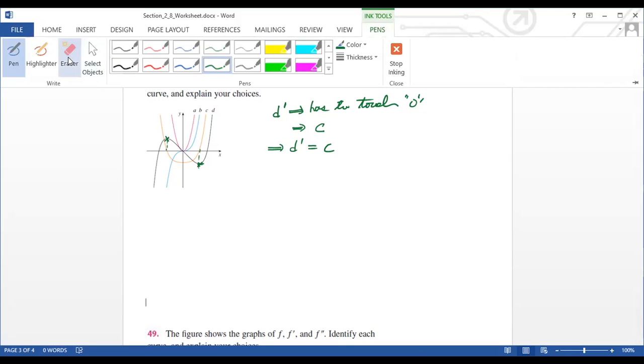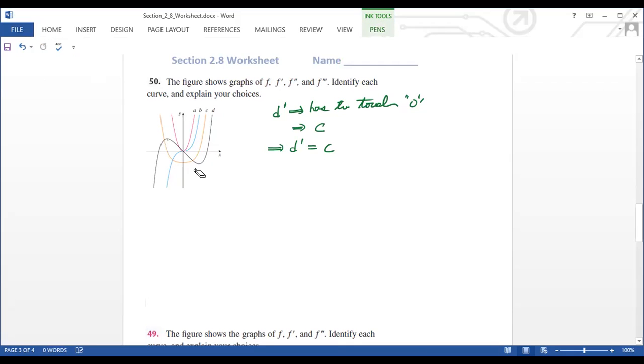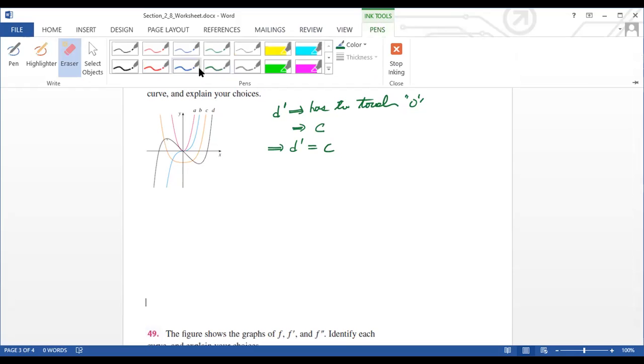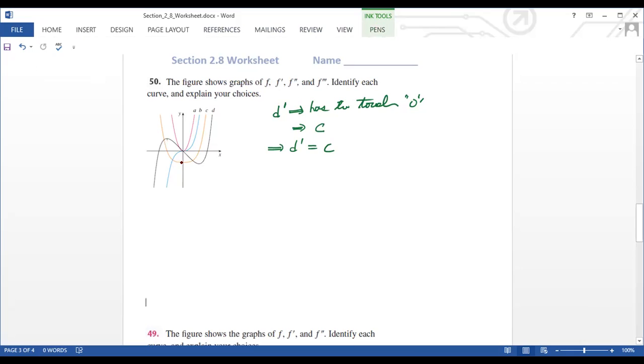Now we got the relation for D prime. Now take a look at C. C here seems to start changing here. It's going down, down, down, right? The beginning is a very sharp drop, but then the tangent line gets flattened out, and then it starts very flat and goes up, up, up, right?